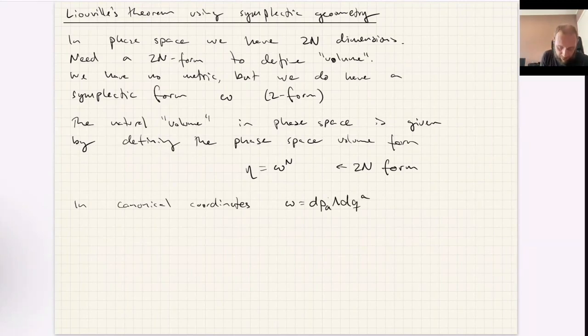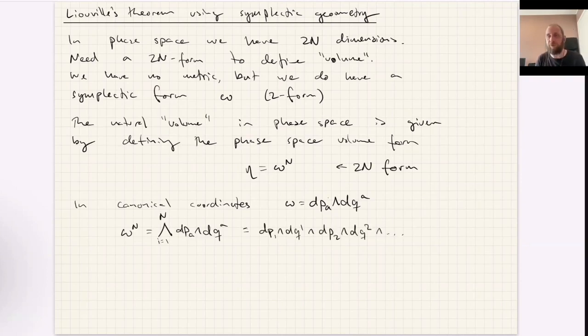You'll see that omega to the power of n, the wedge product n times, is the product over a from 1 to n of dp_a wedge dq_a. So this is essentially dp_1 wedge dq_1 wedge dp_2 wedge dq_2 wedge and so on.